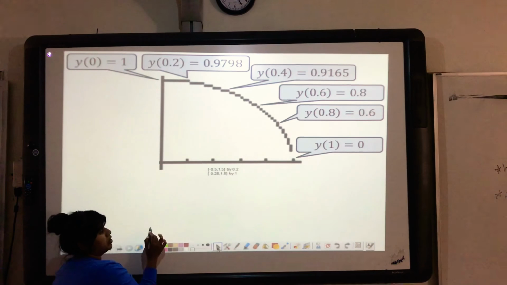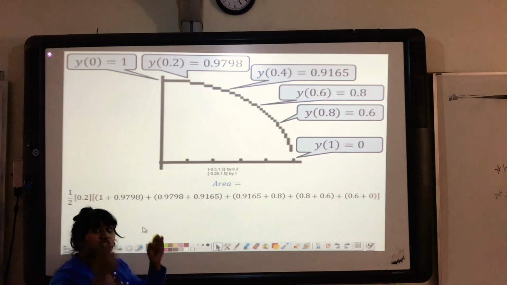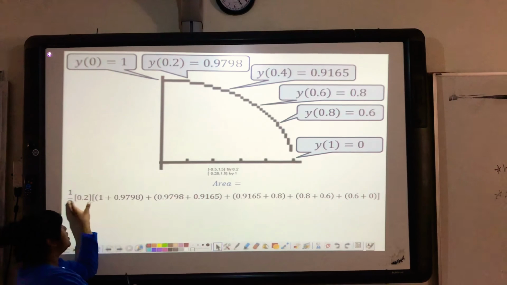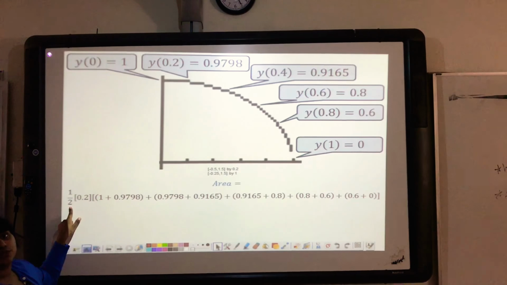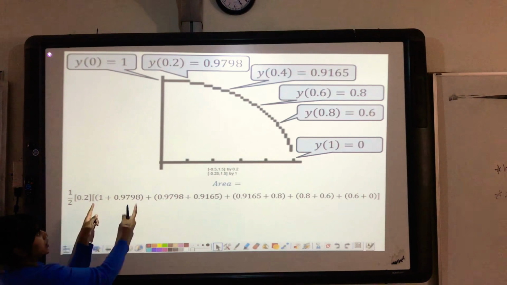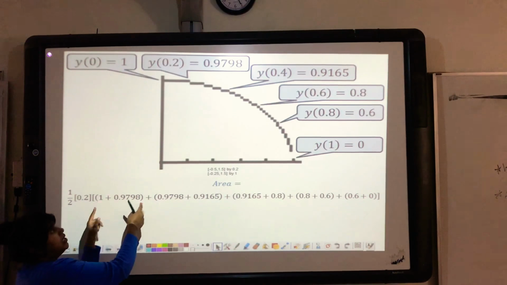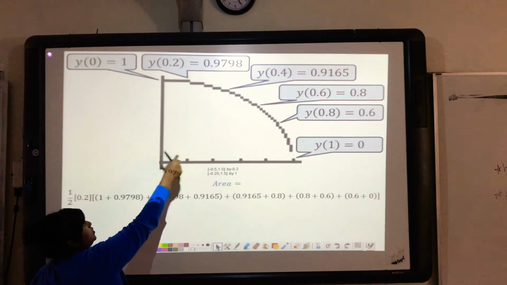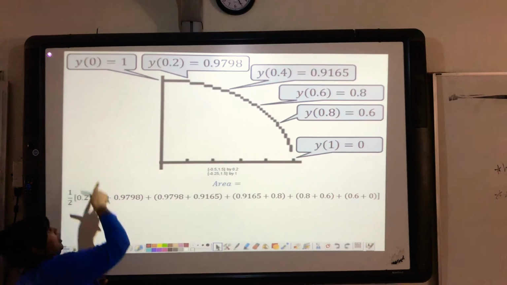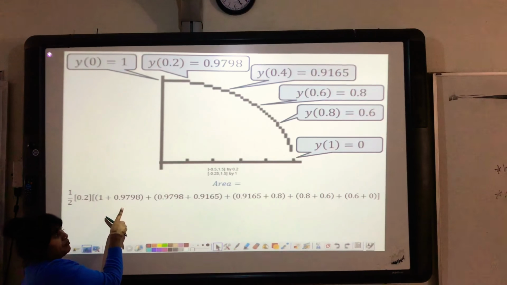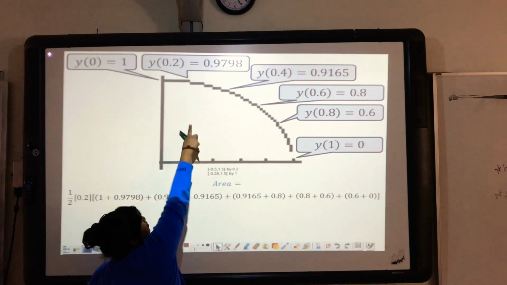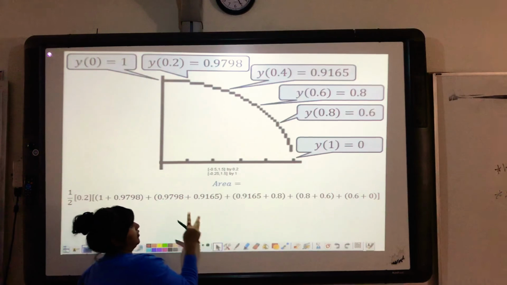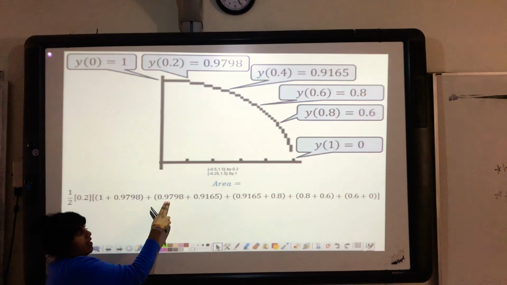So if you were curious earlier about where that 2 came from, here's my proof. We have that delta x over 2 right here, or 1/2 times delta x, however you want to see that. Then we look at each individual trapezoid. So here's trapezoid 1. This is base 1 and base 2, so 1 plus 0.9798. Here's trapezoid 2. Here's base 2, base 3. I can't remember the numbers I gave him, so here are those values.